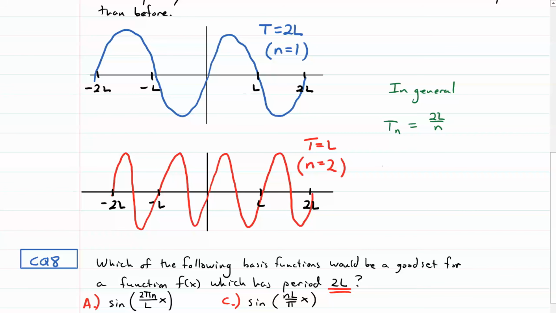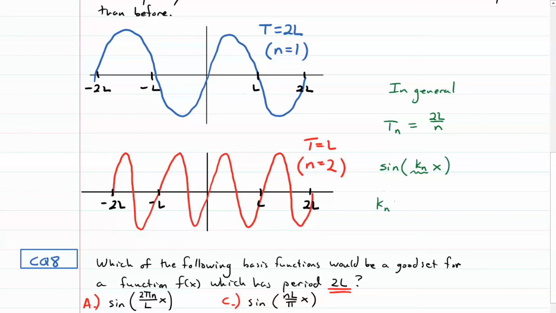Now we're trying to write down sine of something times x, and I want the period of that to be 2L over n. So sometimes we call this thing k. Let's call it kn. And remember that the thing in front of the x is related to the period as follows.